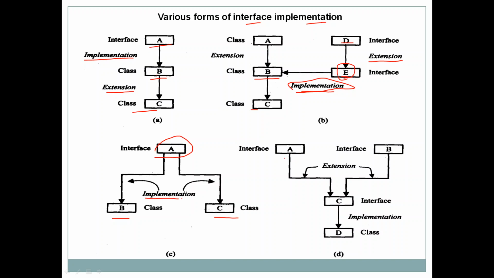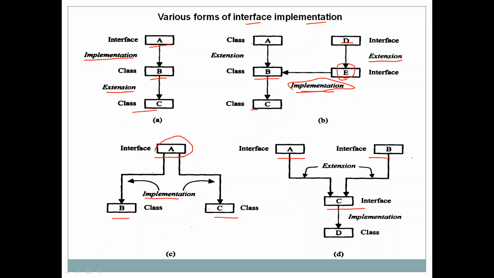Now we have one more form, where we have interface A, interface B and interface C, where interface C is inheriting from both interfaces A and B. That is multiple inheritance of interfaces.